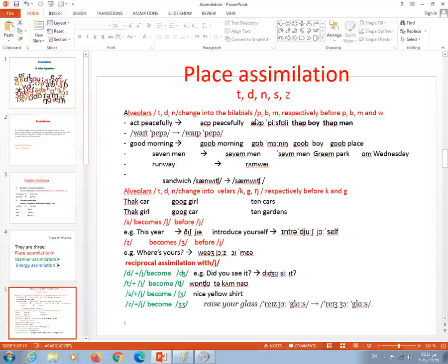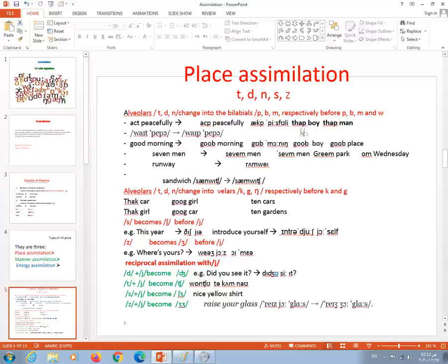Okay, let's see. For example, act peacefully. It's gonna be here act, t followed by p. What's the rule here? T followed by p. It must change into p. Okay, so let's read. Act peacefully. We have two p. Act peacefully.